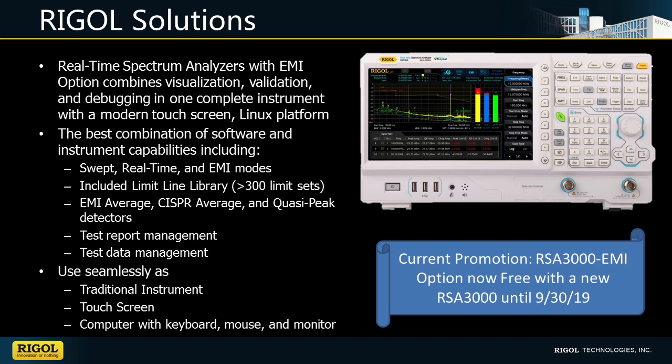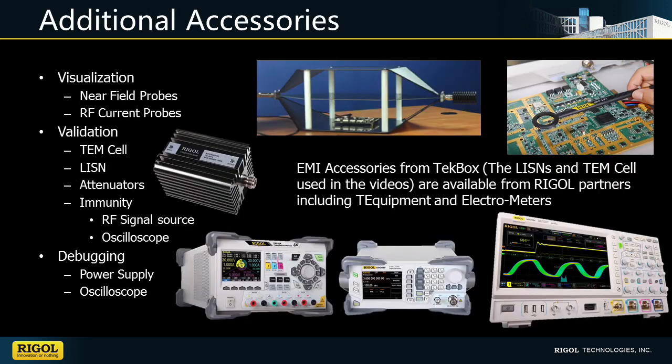Let's go look at some of the other accessories we need when doing these kinds of EMI pre-compliance measurements. There are some additional accessories we use throughout these tests that can help us at different levels between visualizing, validating, and debugging our pre-compliance signals. Some of them, like the TEM cell and the LISNs, are from our friends at TekBox. Others, like the near-field probes and attenuators, are accessories that we have here at Rigol.